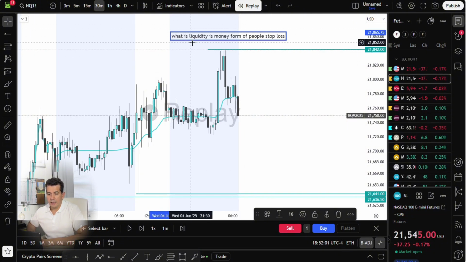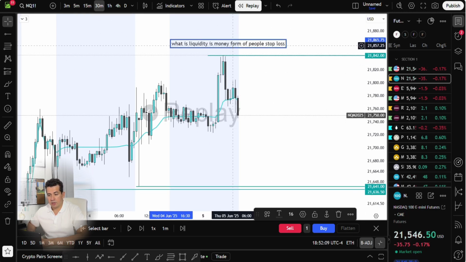What is liquidity? It's money sitting in those areas in the form of people's stop losses. So price is trying to go to those areas. Write it down so you can keep reminding yourself of those areas.